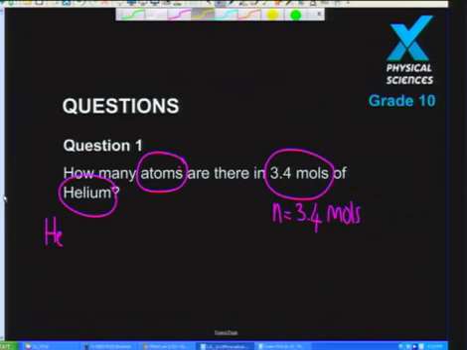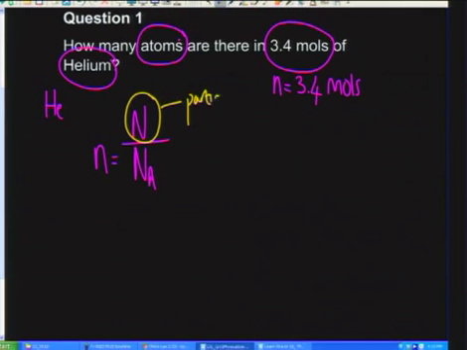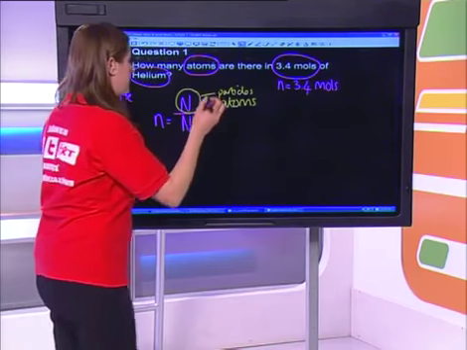Well, let's work our equation. Always start by writing your equation down. So n is equal to the number of moles in my sample divided by Avogadro's number. What I want to do is now rearrange it to solve for this one, because that is how many particles, and specifically I'm looking at atoms in my sample, because how many atoms are there in 3.4 moles?